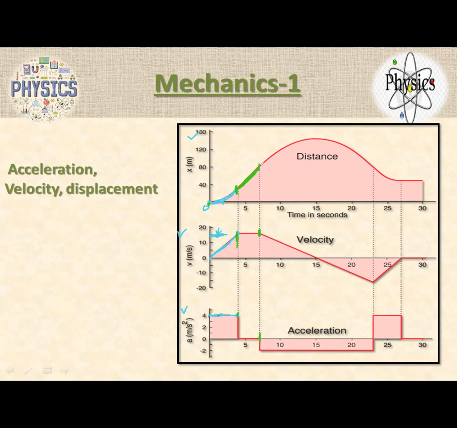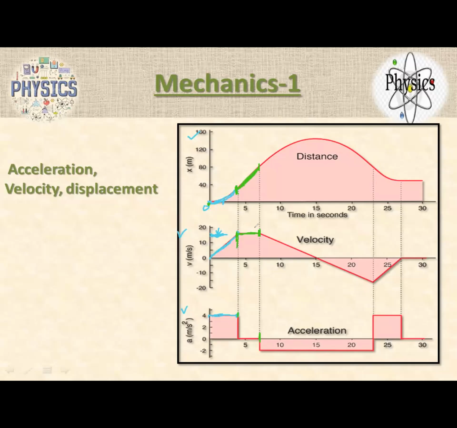Whenever the displacement is increasing linearly or uniformly, velocity is constant, right? The slope is changing constantly, uniformly. If displacement is constant, velocity is zero. But here displacement is not constant; it is increasing uniformly with respect to time, so velocity is constant.